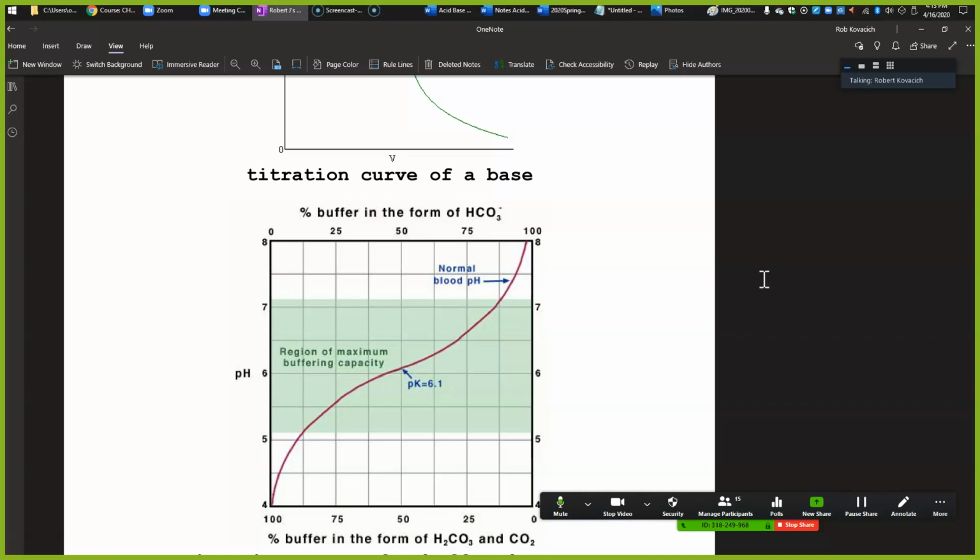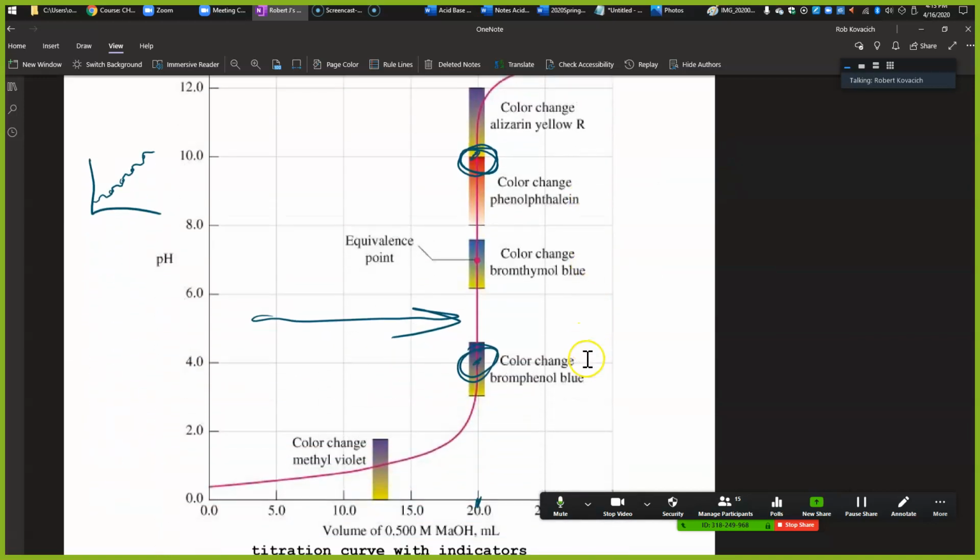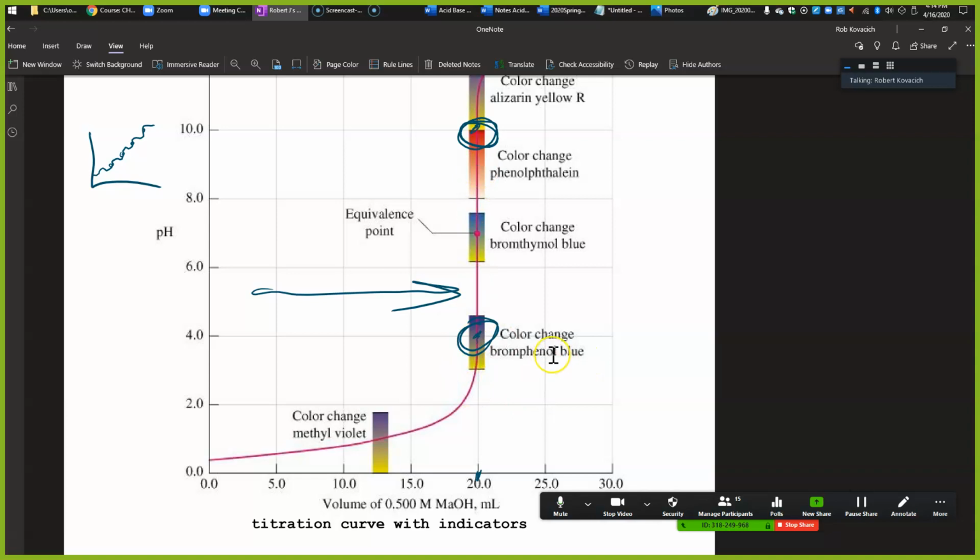We don't want to overburden our buffer in our bloodstream, so we end up changing the pH of our blood. So you have a buffered region that you add an acid or a base to, and the pH barely changes, instead of this curve where all of a sudden there's a vertical point. We don't want a vertical point.